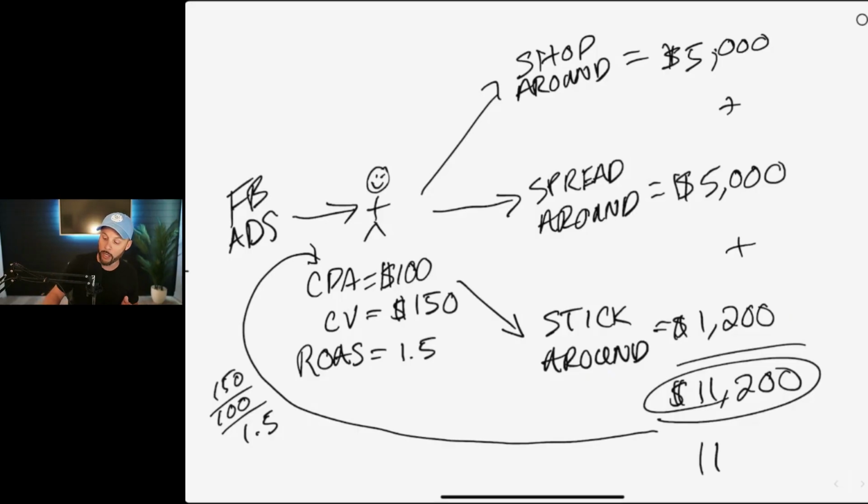Because when you break it down like that, you paid $100 to acquire Jim as a customer, but over the course of a couple years, he spent over $11,000 with your brand. That would mean that you got a 112x return on investment with that particular Facebook ad and with that particular customer, okay?